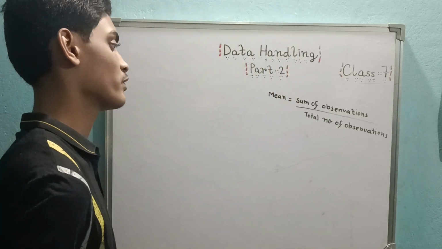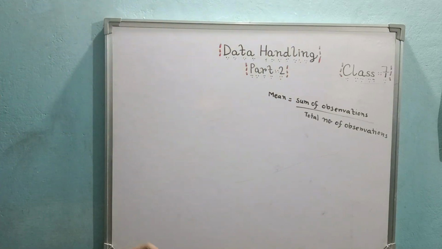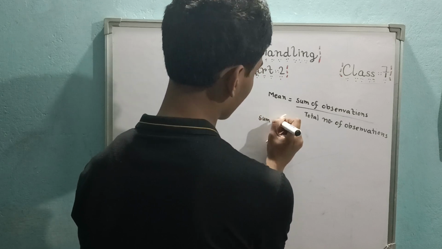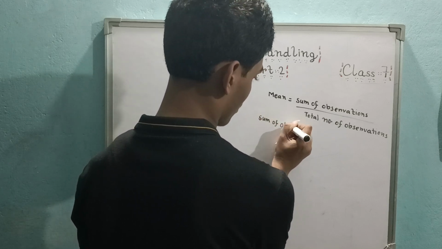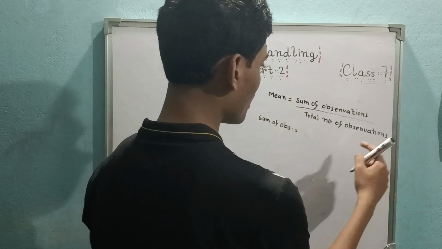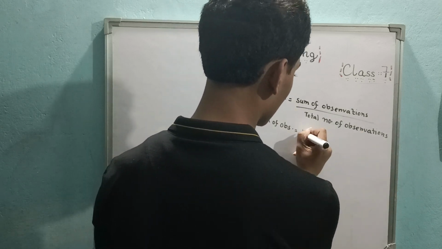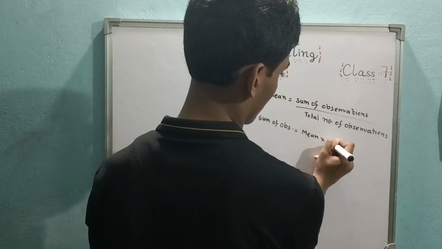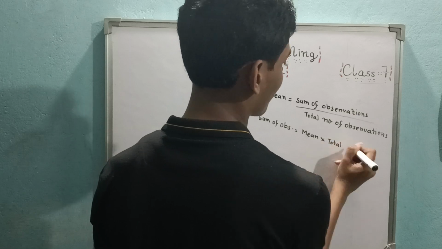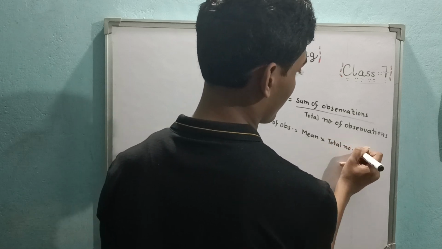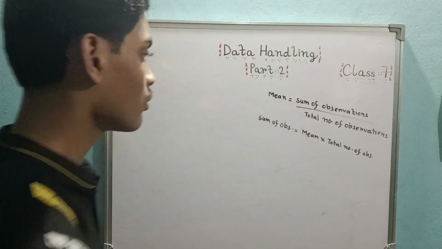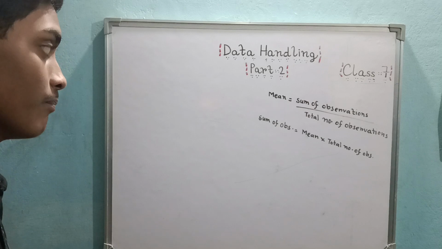Mean is the other name of average. From this formula, if we do cross multiplication, we can say that the sum of observations, which I'm writing as obs, will be the mean multiplied by the total number of observations. Writing in short form saves your time, and in maths it's not about writing statements, it's about solving the sums. This formula is going to come in super handy.